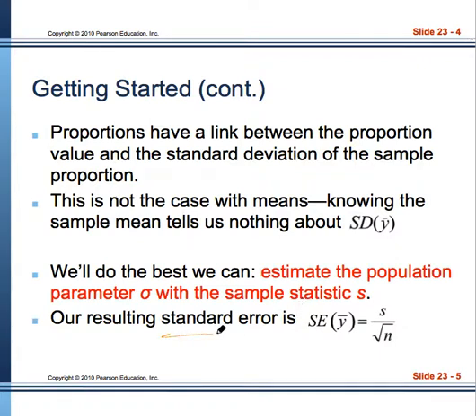So our standard error is right here. And last chapter, we talked more about the difference between the standard error and the standard deviation. So first of all, our standard error is going to be the sample standard deviation over the square root of n.